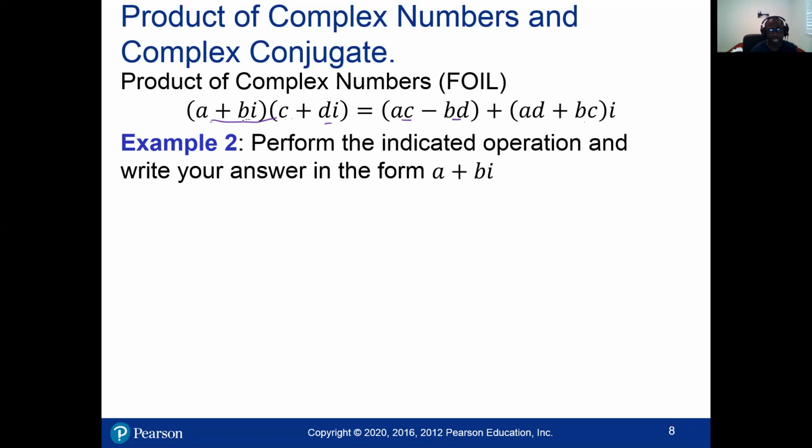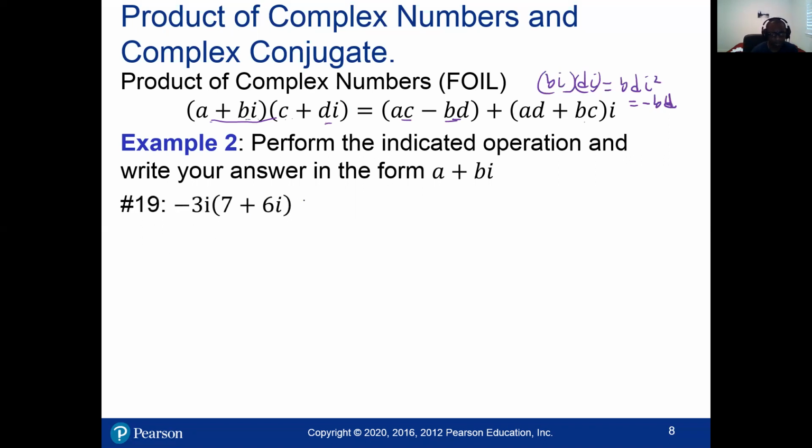Because if you have bi times di, that will be bd i squared. And what is i squared? It should definitely be minus. So that's why we have minus bd there.